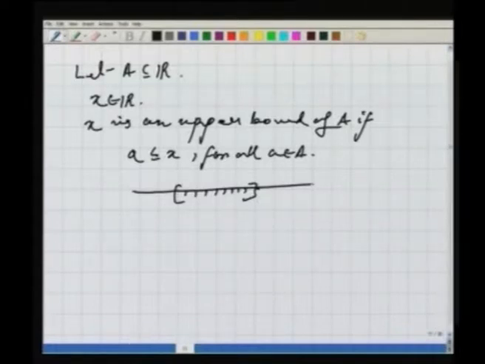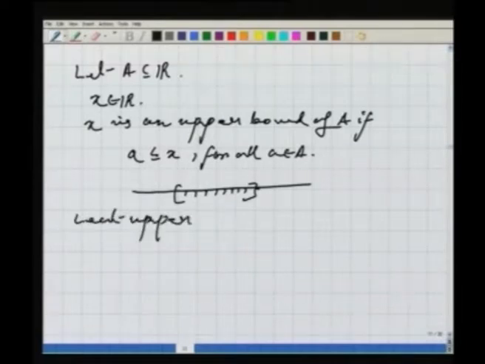Now, let us talk about the least upper bound. What does this mean? Well, it means exactly what it says. It is the least among all the upper bounds.